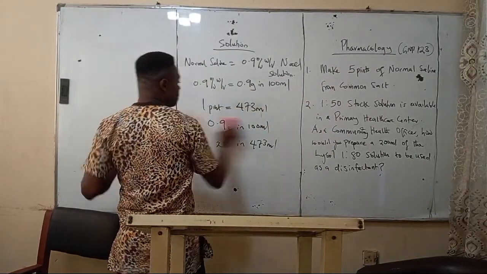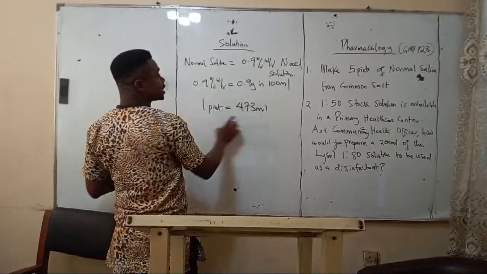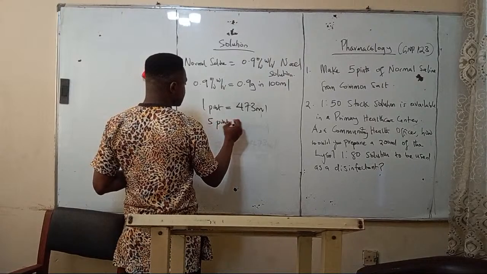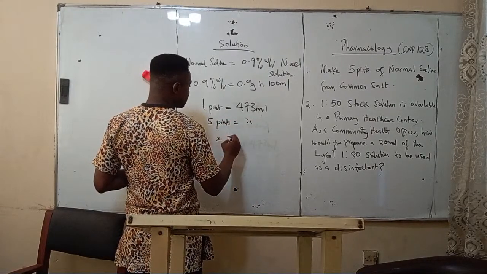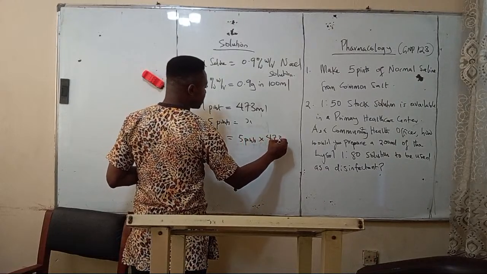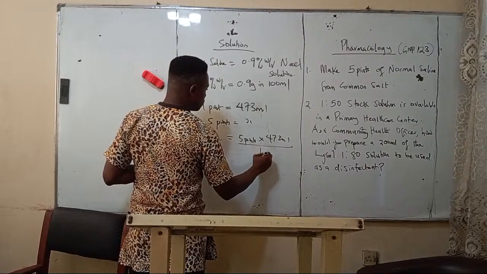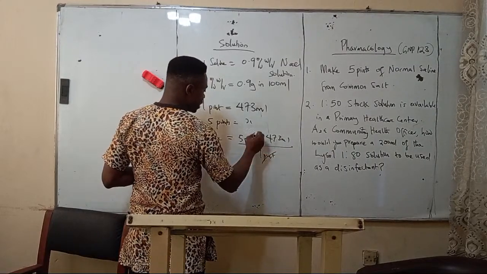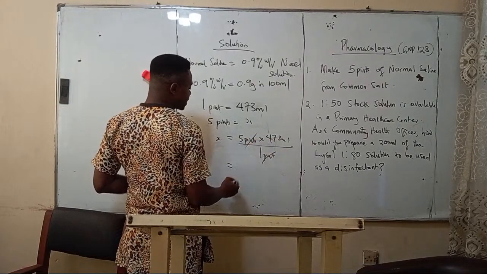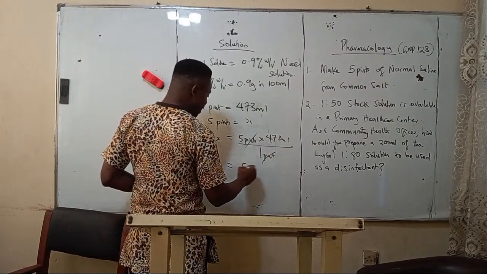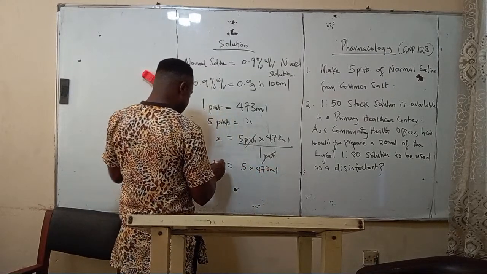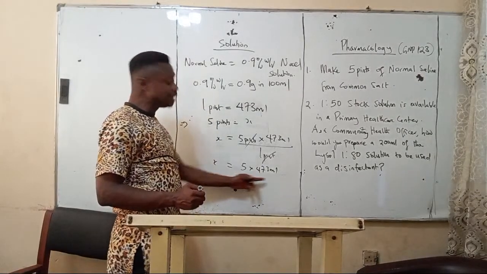Sorry, 1 pint is 473 ml. Therefore, 5 pints is equal to X. So X is equal to 5 pints times 473 ml over 1 pint. Pint will cancel pints. So 5 times 473 ml is the value of 5 pints in ml.